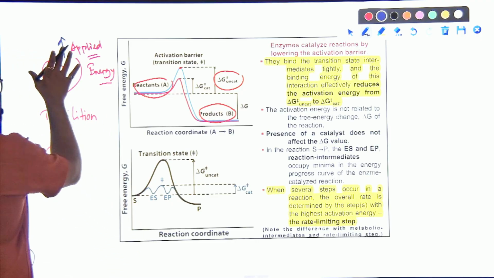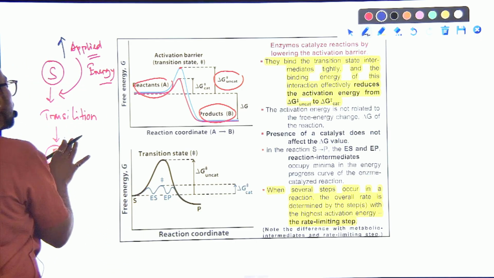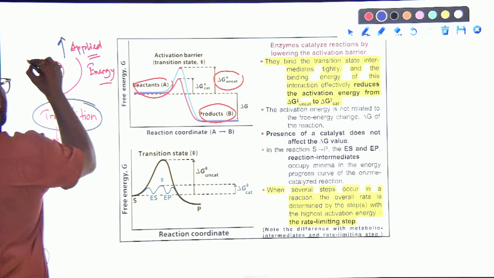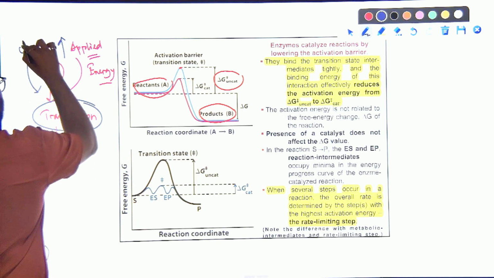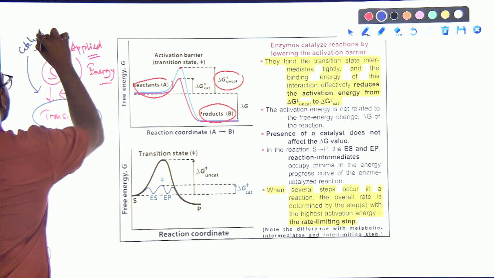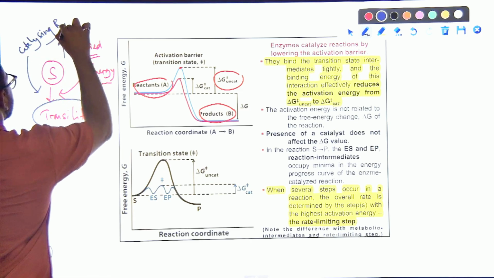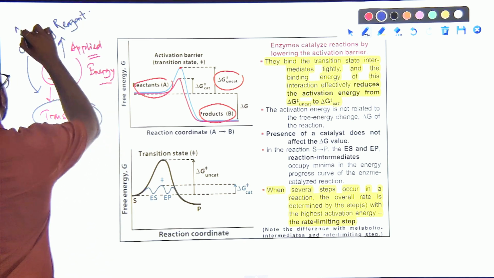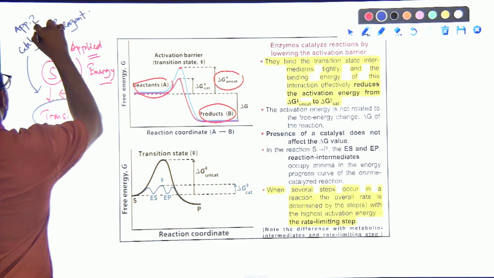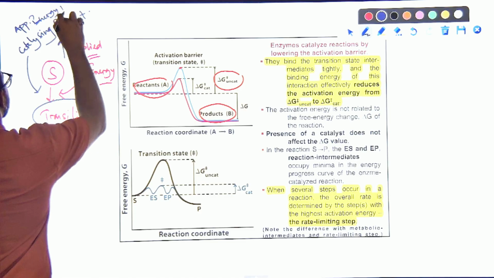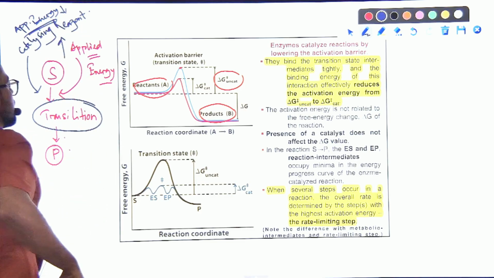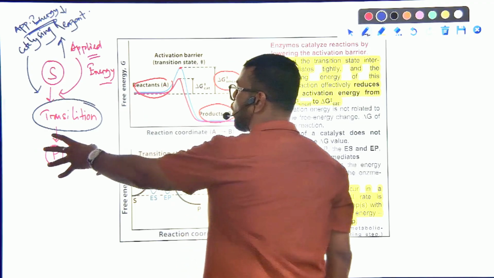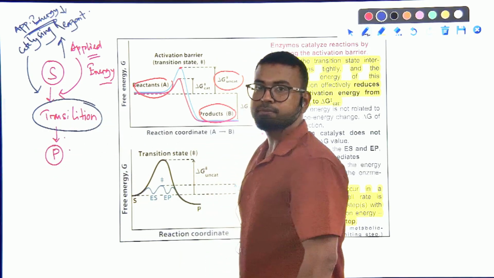Whereas if this substrate is getting converted into product via transition state with the help of any kind of catalyzing reagent, then the applied energy will be low. I'm repeating myself. Suppose a substrate is converting into product via a transition state.